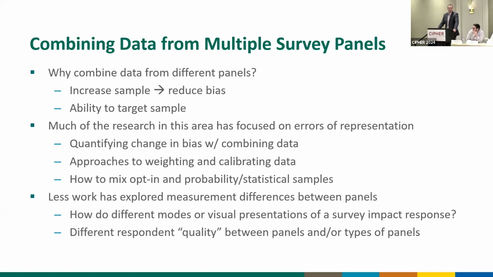I'm a question evaluator, so I like to use opt-in panel data to collect qualitative information. If those respondents aren't high quality, if they have a completely different way of answering questions than people in probability panels, am I actually going to get good question evaluation results?